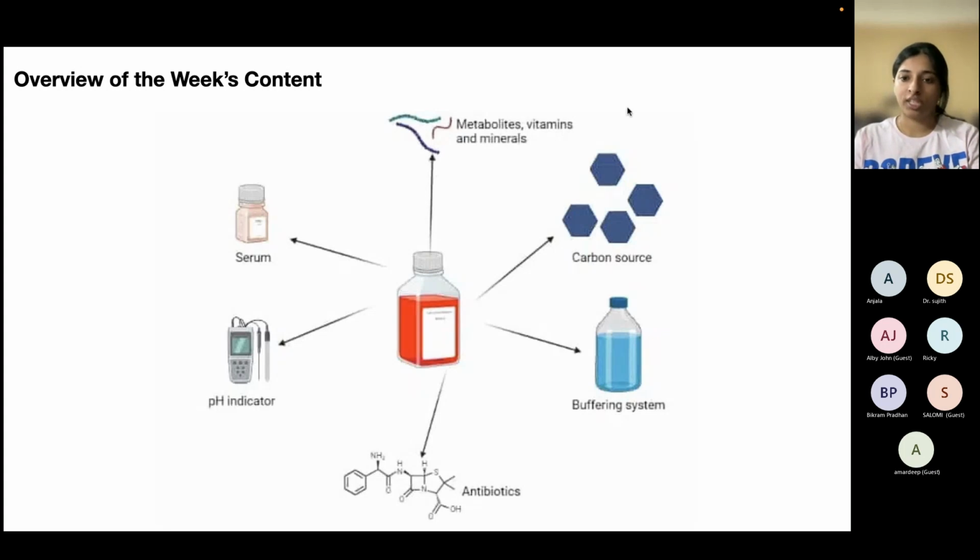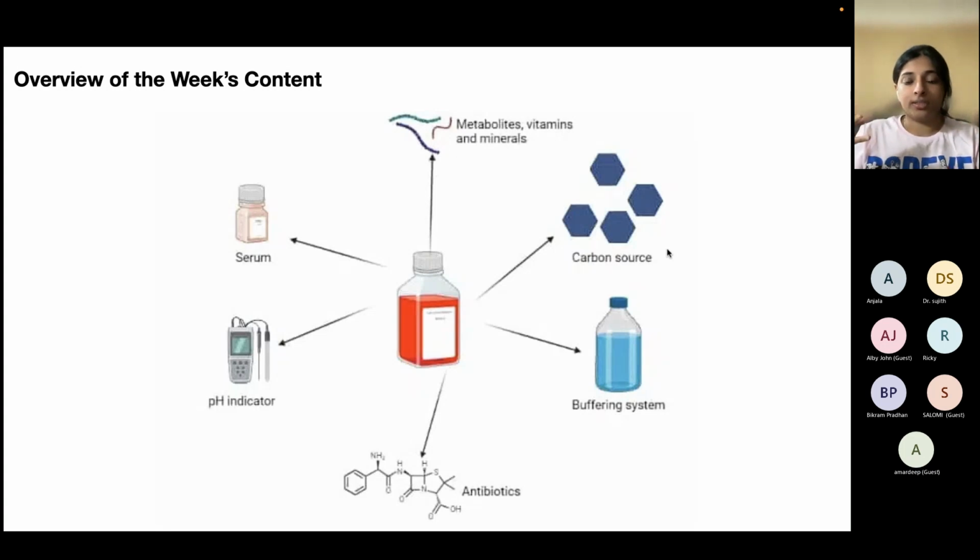There is an absolute need of a carbon source and of metabolites like vitamins, minerals, amino acids. There is also a requirement of a buffering system, because the pH inside the body is very well maintained. It's known as the physiological pH, and the cells will have those functions only at that pH because your enzymes are active only at that pH.